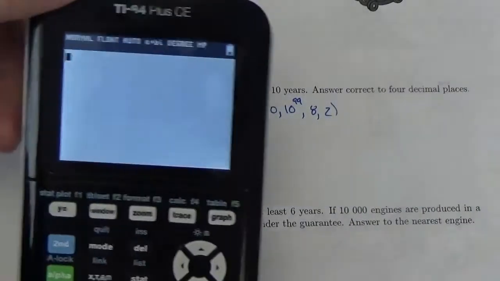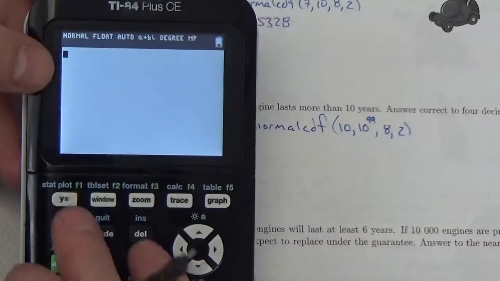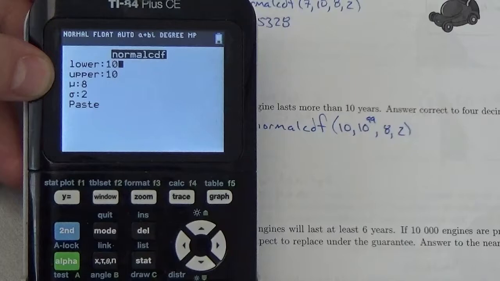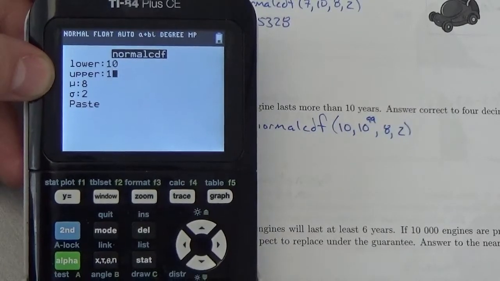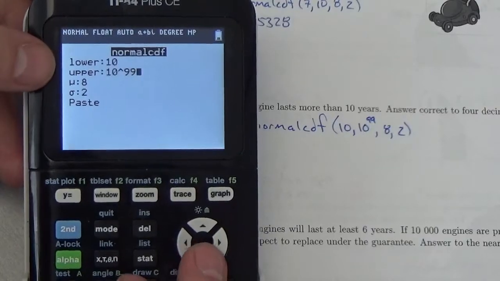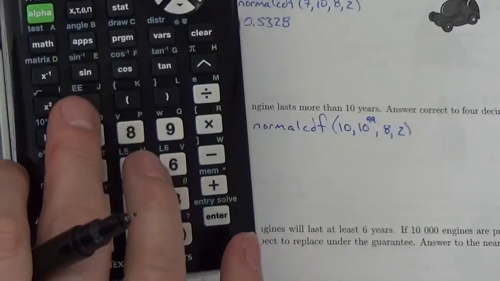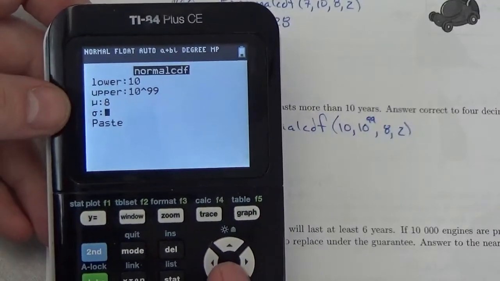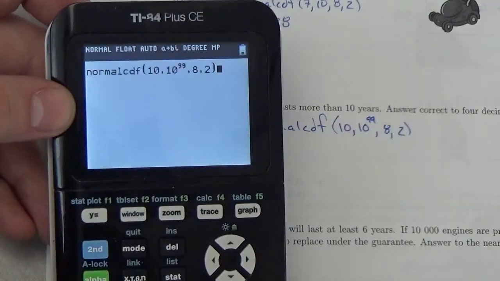So let's go back into this. Second vars, normal CDF. My low bound is 10. This time my upper bound is going to be 10 to the 99. Now there's a couple of different ways you can do that in your calculator. I know that some people use the engineering notation, the EE. It doesn't matter. That's all good. Mean and standard deviation stayed the same.